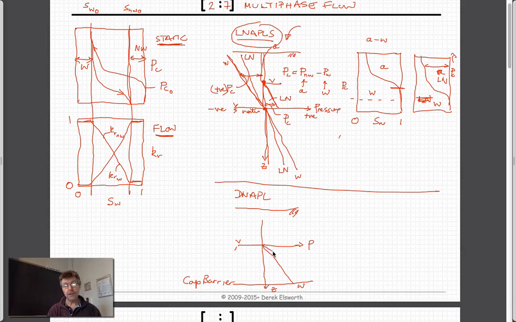We have the pressure change with depth due to, I'll call it dN for DNAPL. We know that the difference between those is capillary pressure. We know that the NAPL pressure is going to be larger than the water pressure, and so this is always going to be positive.